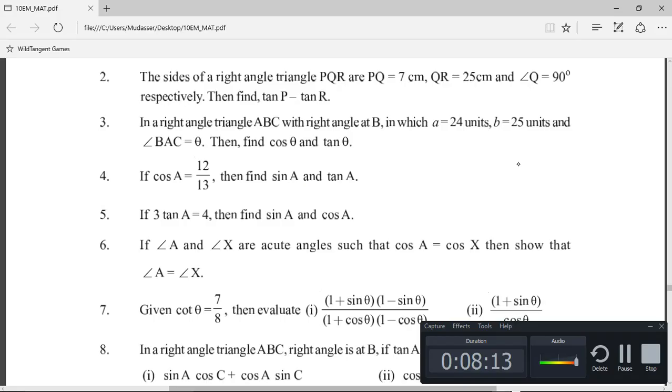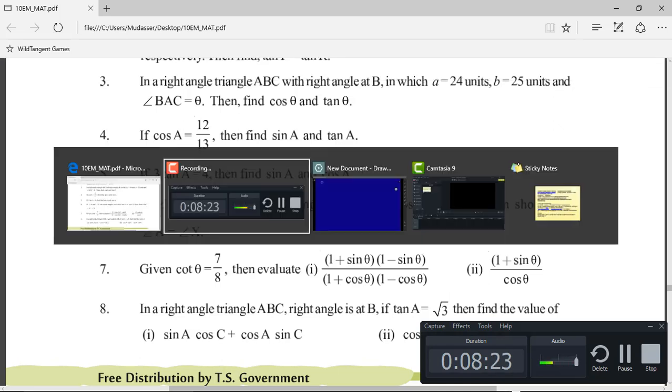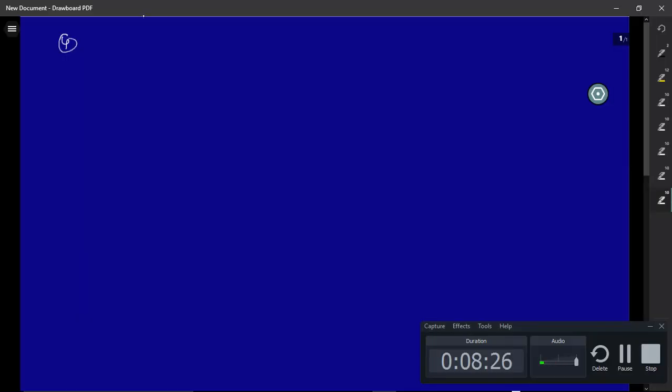Let us now work on question 4. Question number 4 says, if cos A is equal to 12 by 13, then find out sin A and tan A. Okay, this too is very simple. Cos A is given as 12 by 13.